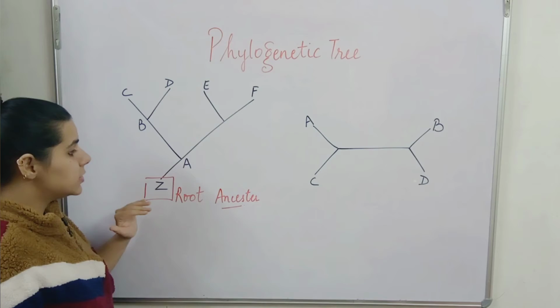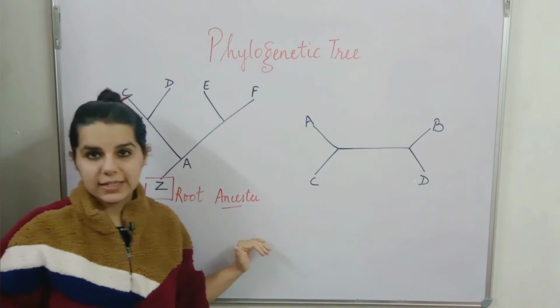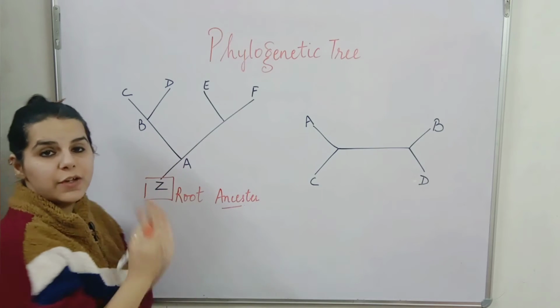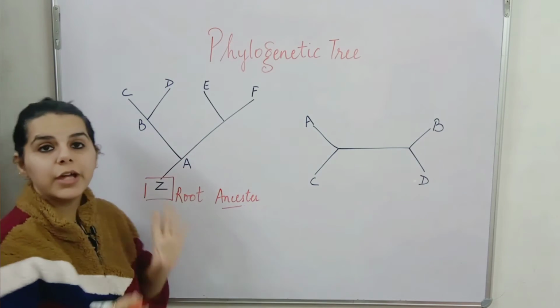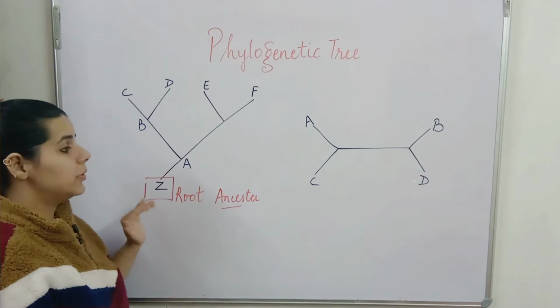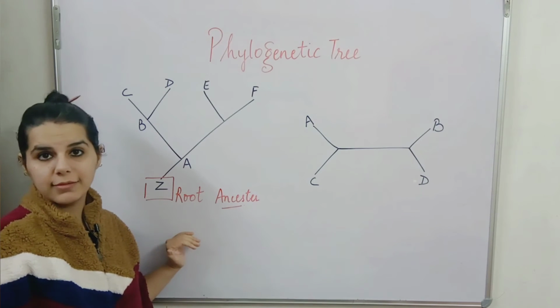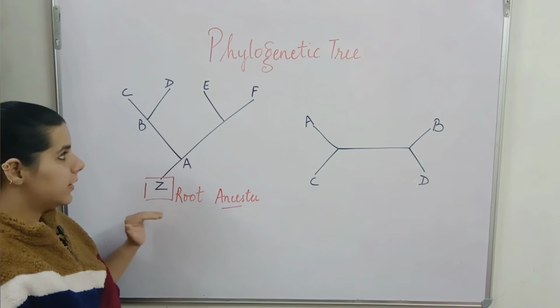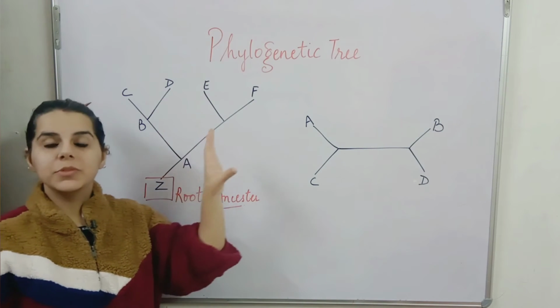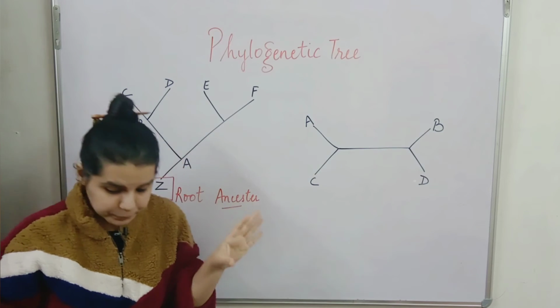But here, this root depicts the ancestor. From here, the organisms are diverging, different species are diverged. So this is a common point, Z. This is the common ancestor. And from there, there is a divergence of different forms of life, of different species.